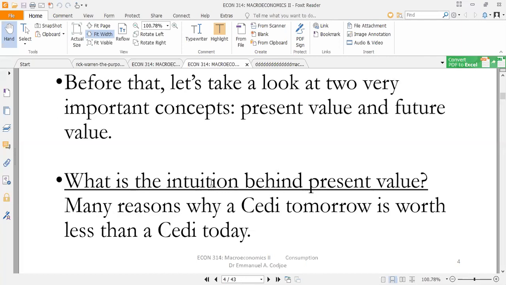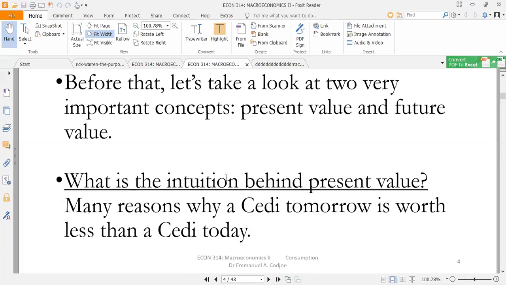Let me take it from this side too. If you have 1 cedi today, you can save it and earn some interest on it. So by the time you get to the next period, you should have more than 1 cedi. So the 1 cedi that you had today was better than just having 1 cedi tomorrow.